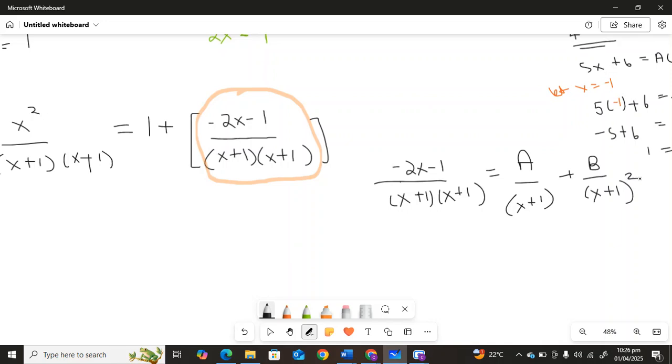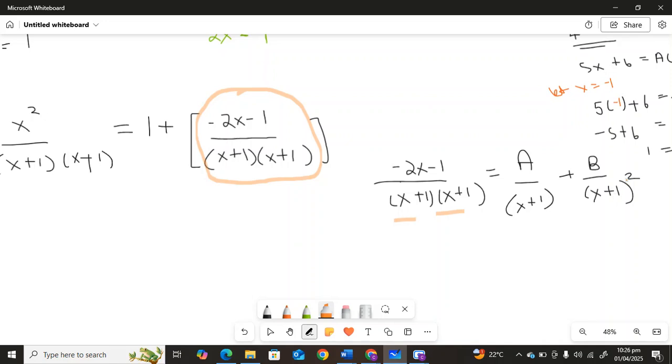Important point. Whenever you've got repeated linear factors, meaning we've got an x plus 1 and an x plus 1, have you noticed how I've written the denominator for B? I haven't just written it as x plus 1, but I've also added a squared.